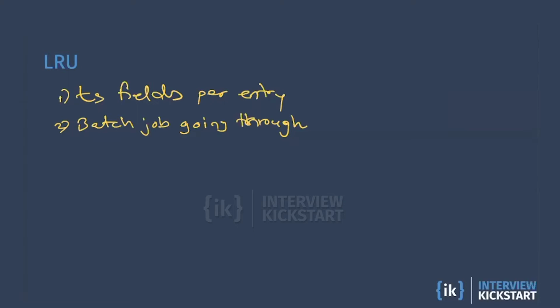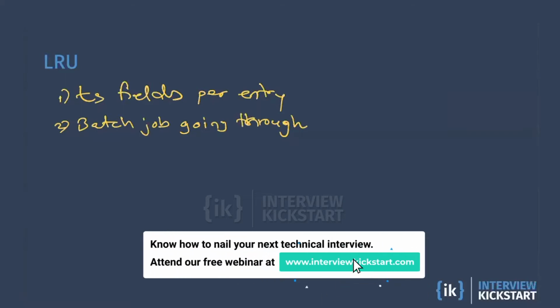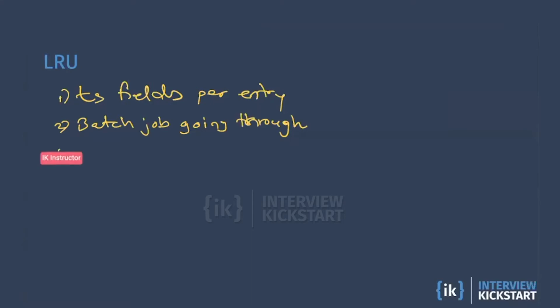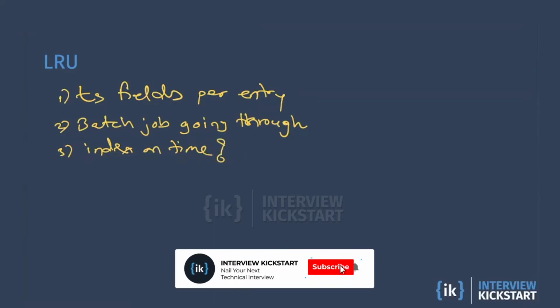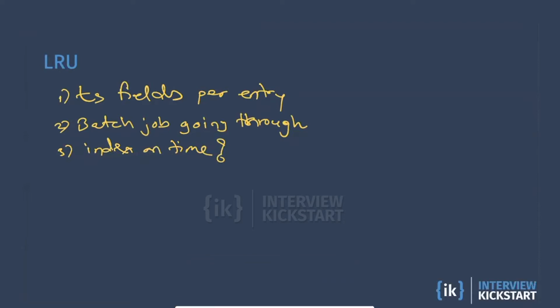Yeah, I understand the issue. I'm not sure how to resolve that. Okay, that's fine. Maybe there can be an index on time, or this job is a continuous process which goes through the entire data structure and does the cleanup, like some kind of garbage collection.